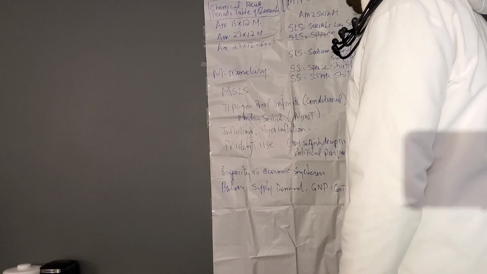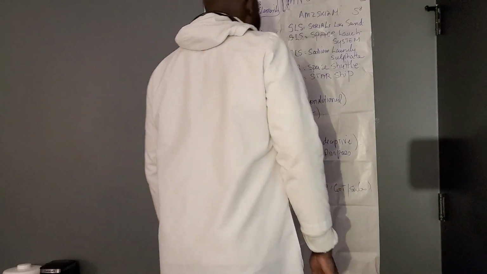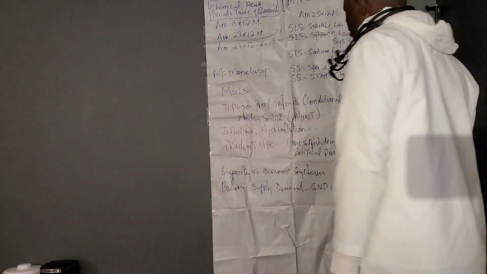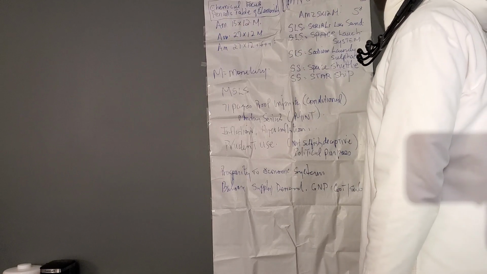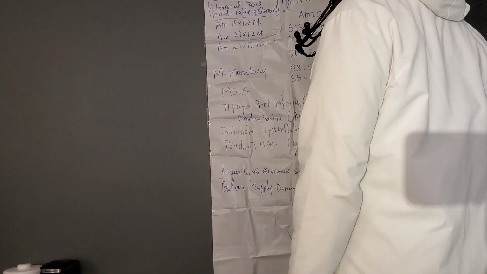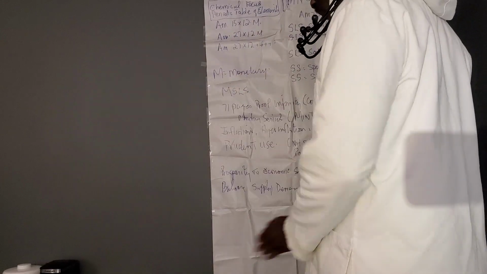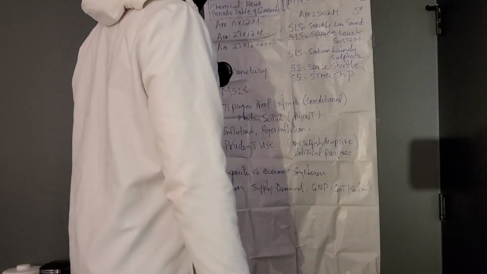Iron, Fe, lead, Pb, tin, Sn, titanium, Ti, and titanium is used a lot in the space industry to make some of the structures for space vehicles, and so on.